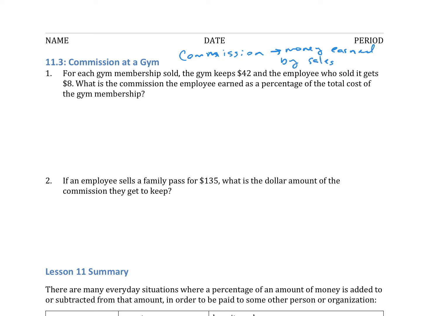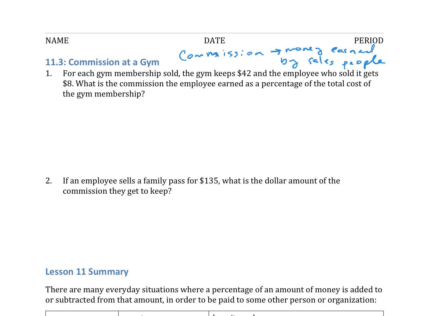So sometimes people who work for places that sell items, they earn a certain percentage of commission. For example, people who sell cars, they make a percentage off of the amount of the vehicle that they sold. So obviously the higher the vehicle costs, then the more money they make.